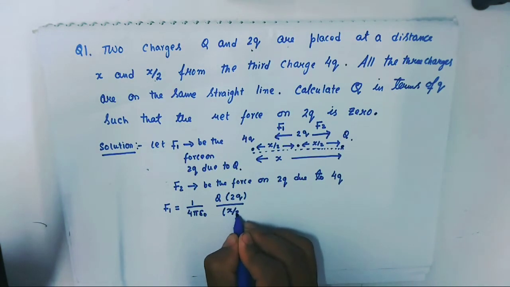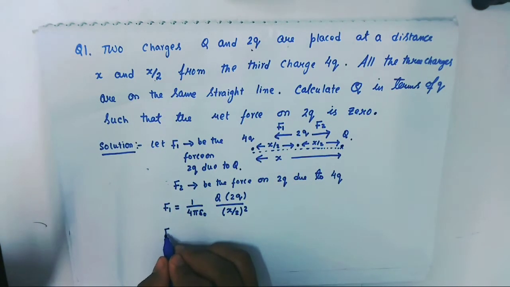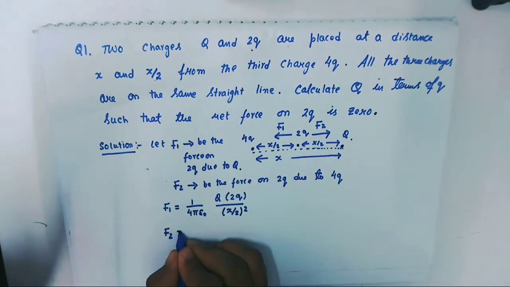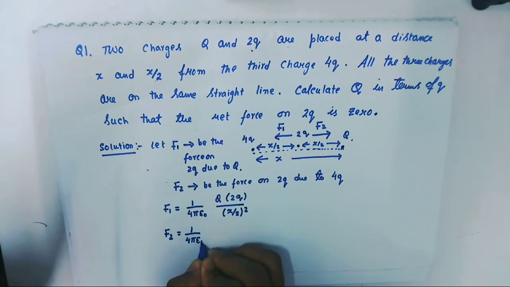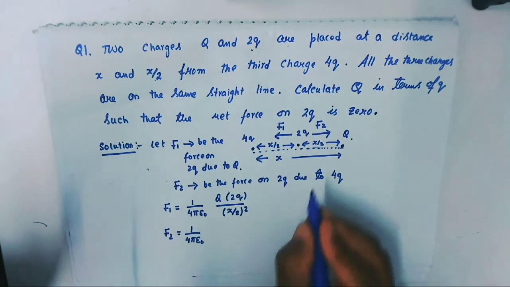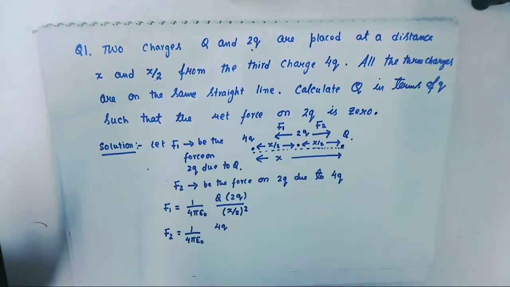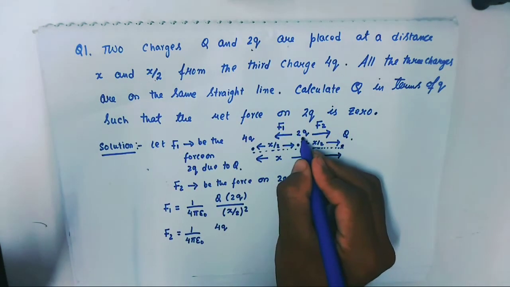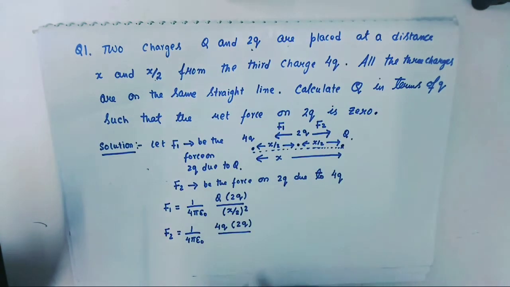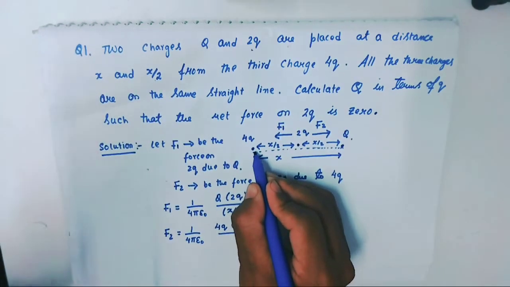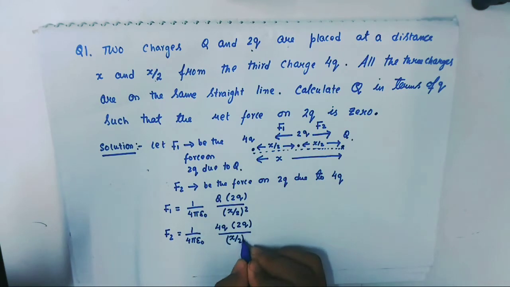So we have to write x by 2 holding square. So again, F2 is equal to 1 by 4 pi epsilon naught. Then for F2, the charge is 4Q, and another one is 2Q, and the distance of this 4Q from 2Q is also x by 2.